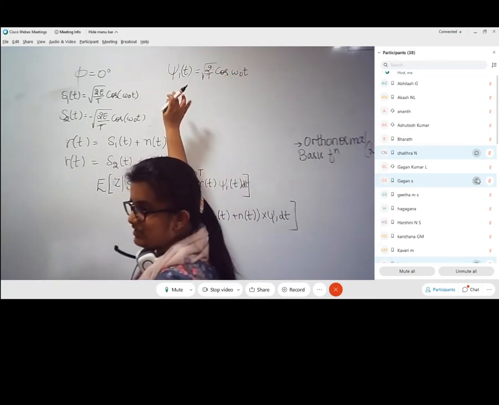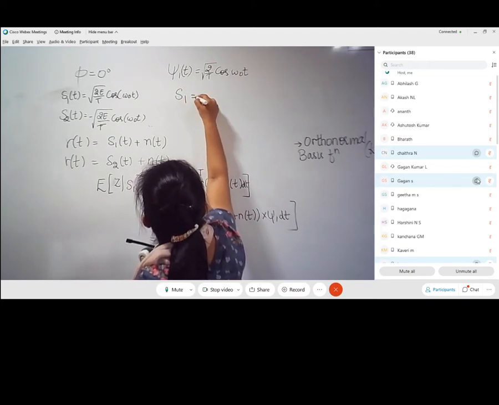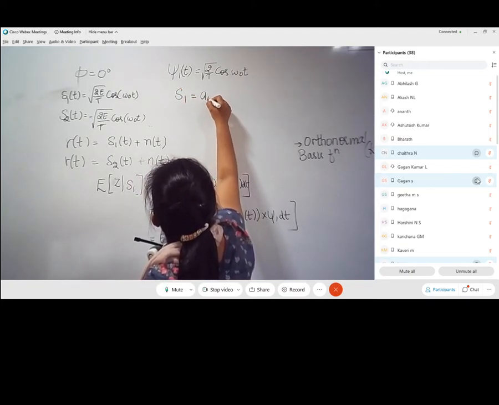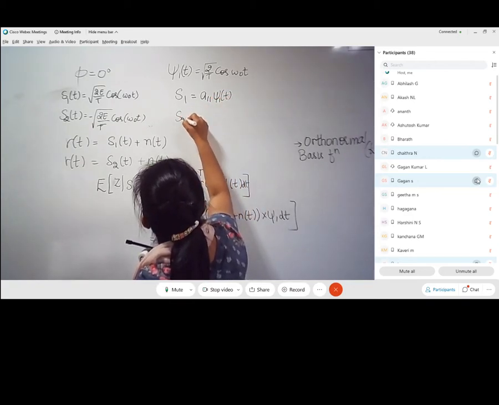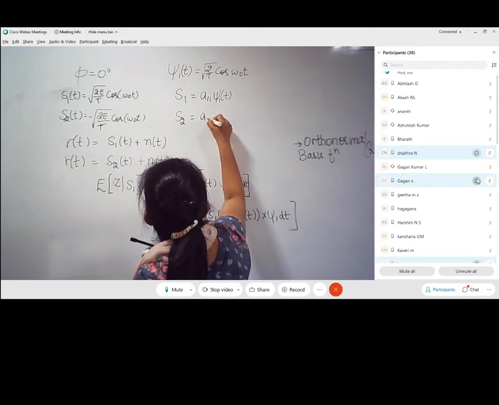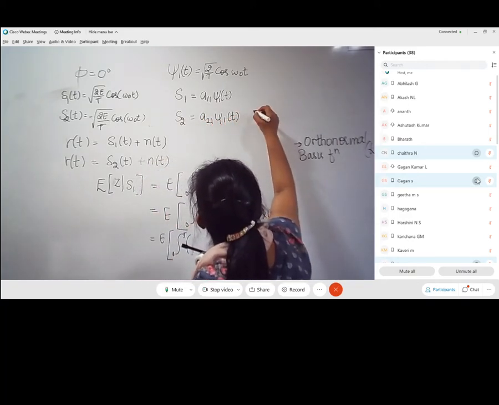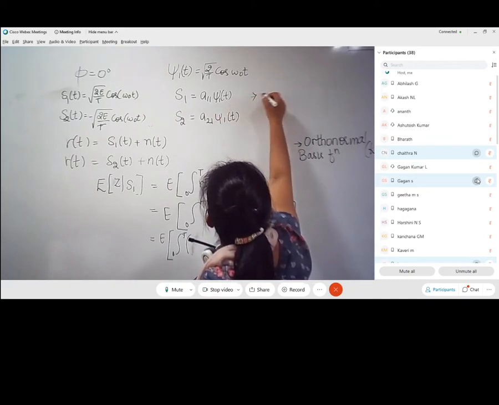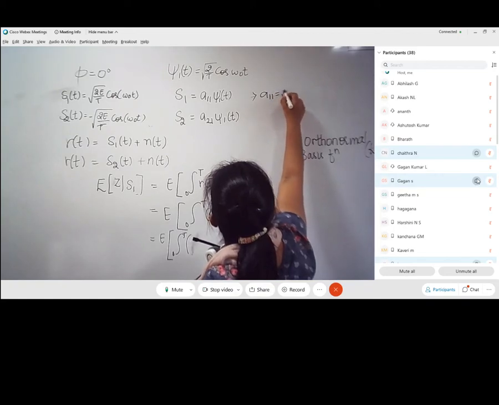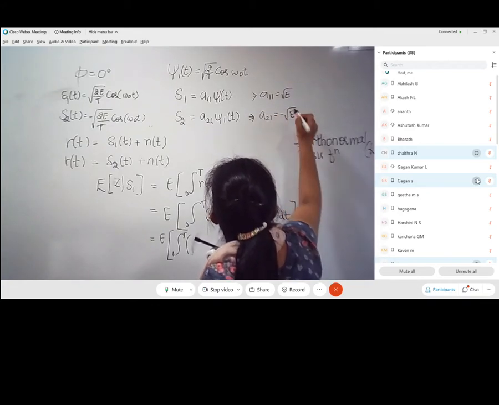Therefore, s1 will be equal to a11 into xi1 of t and s2 is equal to a21 into xi1 of t. So what are a11 and a21? a11 is equal to root E and a21 is equal to minus root E.